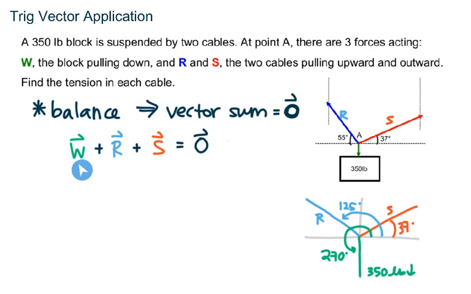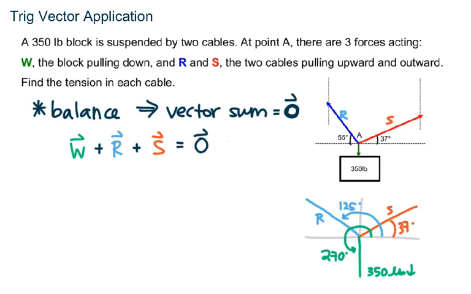Or rather, vector W plus vector R plus vector S is equal to 0. Another way we could think about it would be that the sum of R plus S is countering directly that weight, which is pulling down. So I'm using a negative here, or you think about moving that to the other side. Okay, but this is a balanced equation. So R plus S is equal to the negative of that weight pulling down. In this situation, we're just going to use the vector sum that I have here.